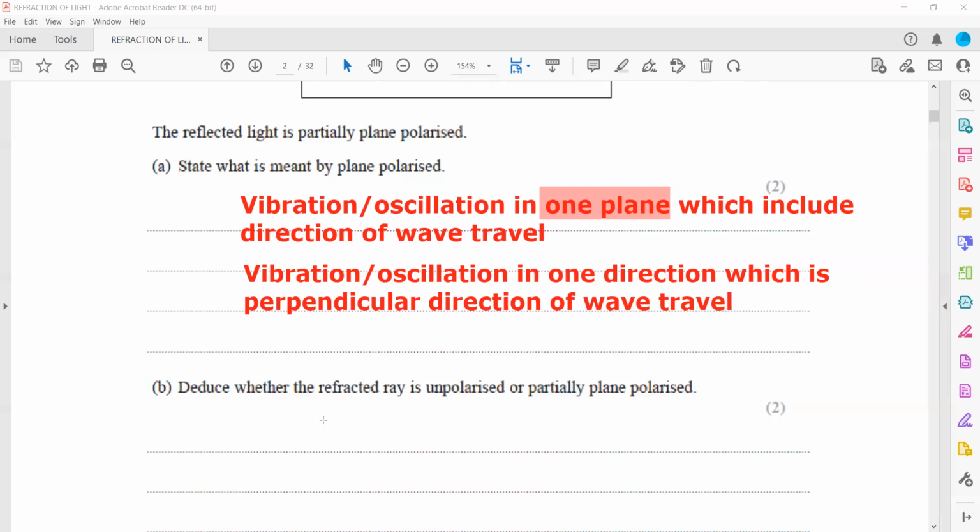The next one: deduce whether the refracted ray is unpolarized or partially plane polarized. So how can we identify this?